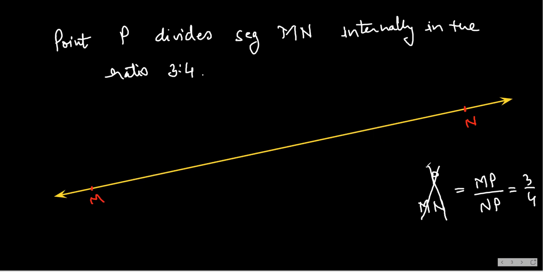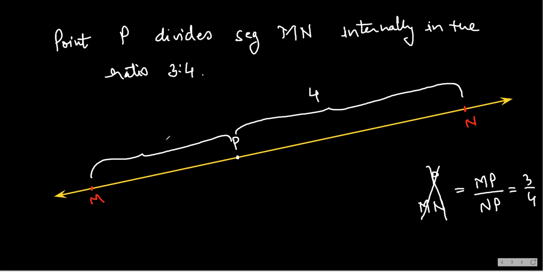So MP is 3 sections and NP is 4 sections. It would mean something like this: here is P, this is 3 sections, and from here to here is 4 sections.